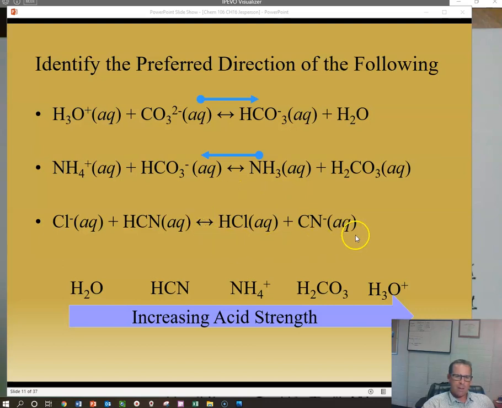Going back the other way, which one is behaving as an acid? HCl. So we said that HCN and HCl are both behaving as acids. And now we have to see if maybe our scale helps us. Which acid is stronger, HCN or HCl? What do you think, Camille?